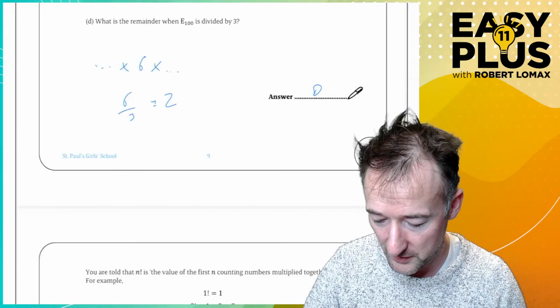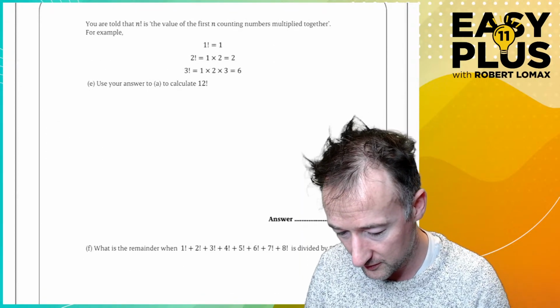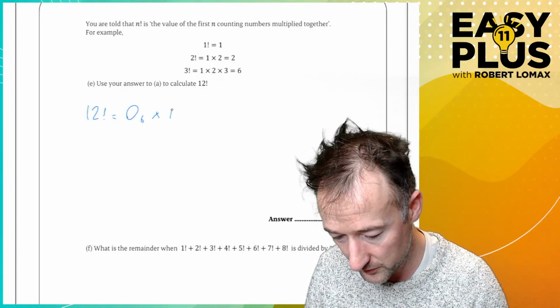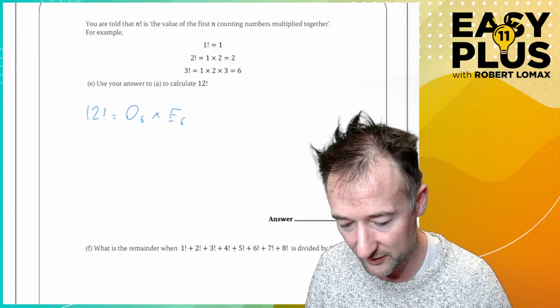So it's going to be 12 factorial equals 06 times E6.